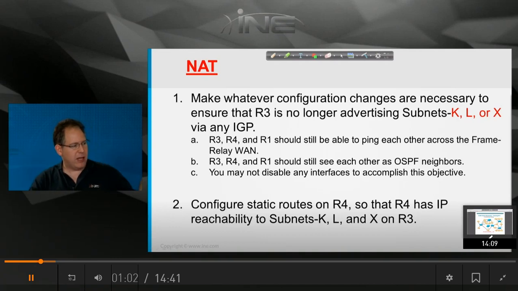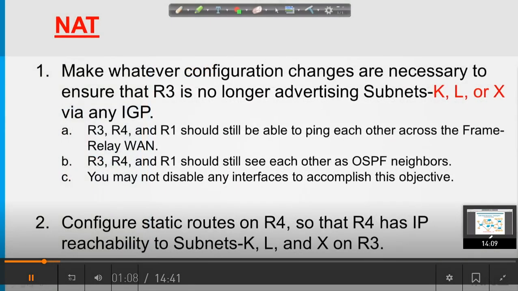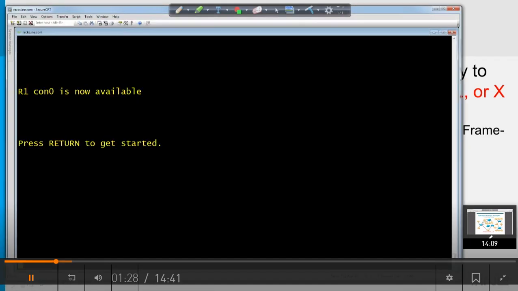So let's just do that first before we do the subsections A, B, and C. All we have to do there is just remove those networks from the OSPFv3 and v6 process. Actually, I think all of this section is going to be on IP version 4. So I'm going to leave IPv6 alone, and we'll just remove it from IP version 4.